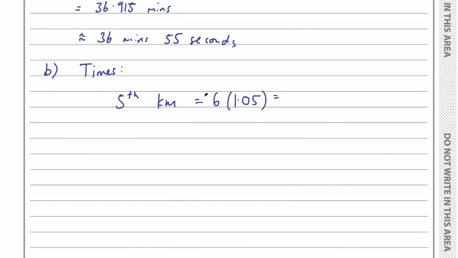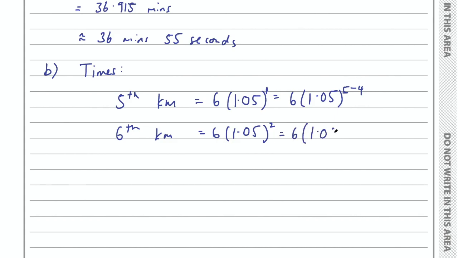So this was the 5th kilometer, and I've essentially raised this to the power of 1. Well, firstly, let's just say this would be the same as saying 1.05 to the power of 5 take 4. Okay, let's do the 6th kilometer. And again, I did that in the previous question as well. This was 1.05 squared. And we could write that as 6 times 1.05 to the power of 6 take 4.